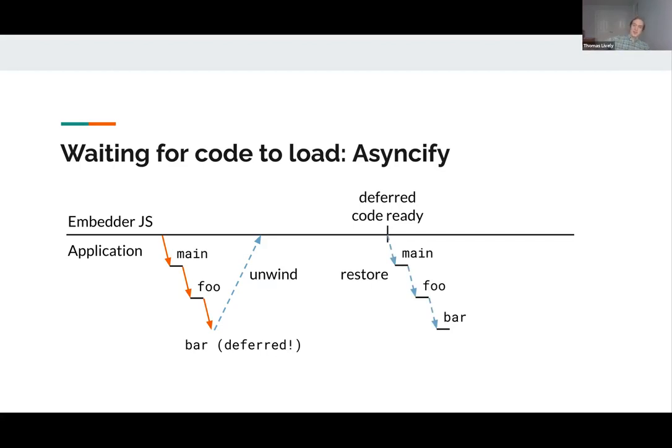So once the deferred code is loaded, we can call the Asyncify API again from JS and tell it, okay, restore the stack now. And what that does is walk down the control flow in each function, skipping directly to the parts that we need to skip to restore the stack, using these big if-else blocks that the Asyncify code transformation inserts, and restoring all of the locals from memory, and really just putting things back the way they were.